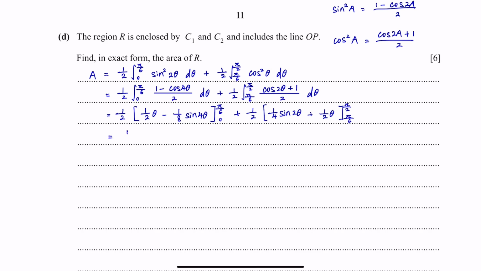So we just sub in the numbers and we get pi over 12 minus sec 3 over 16 plus pi over 4 minus sec 3 over 8 minus pi over 12. And this would be pi over 8 minus 3 sec 3 over 32.